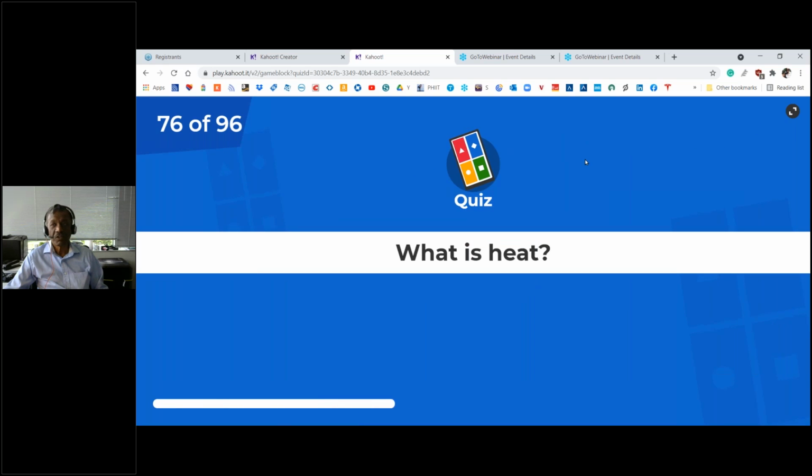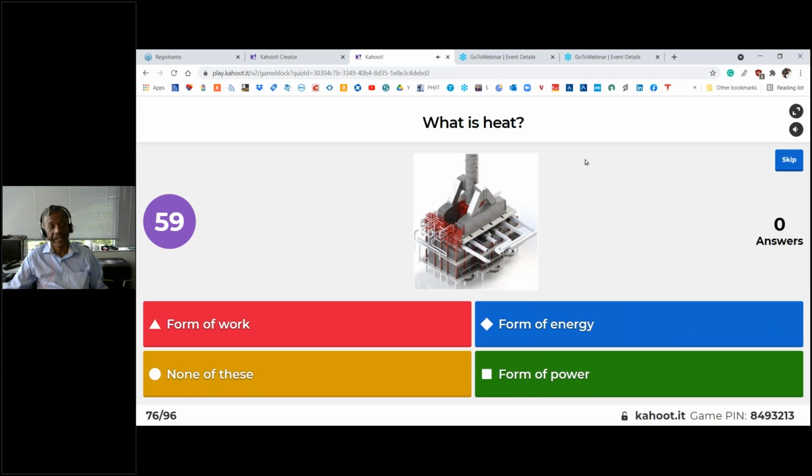So let's move on to the combustion side, and I want to ask all of you quickly, what is heat? Is it work? Is it energy? Is it power, or none of these?